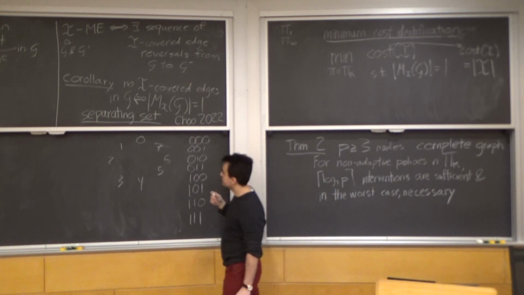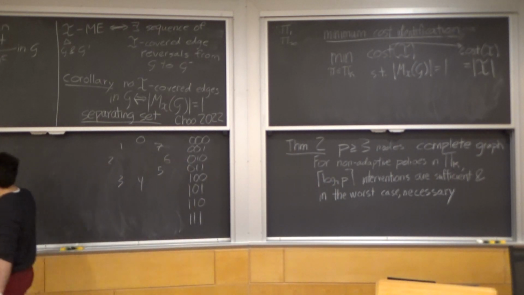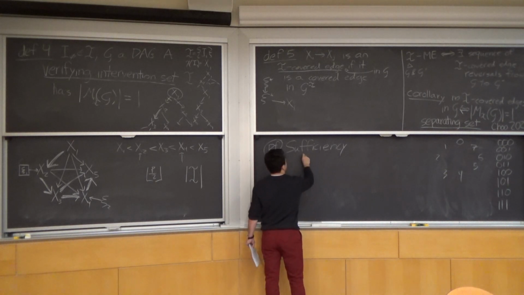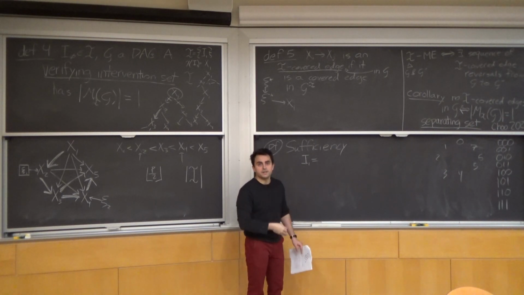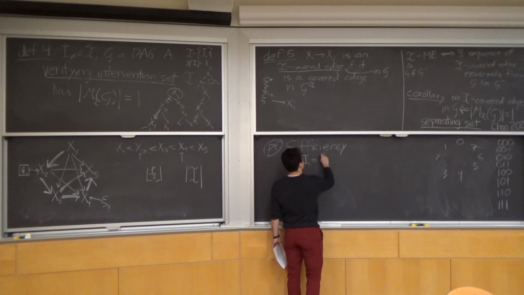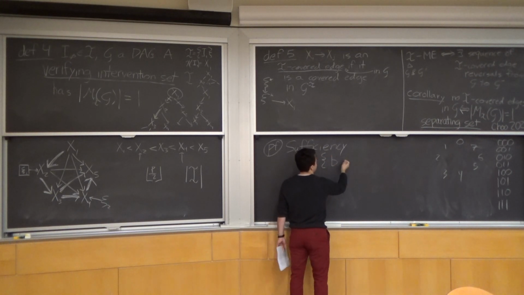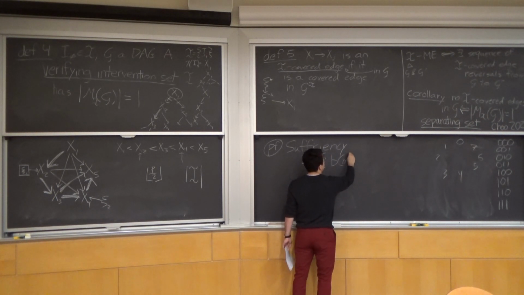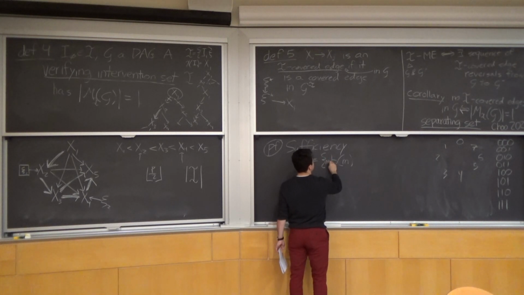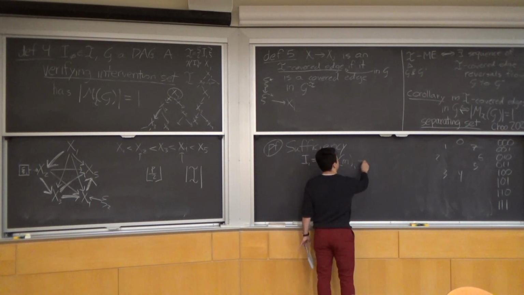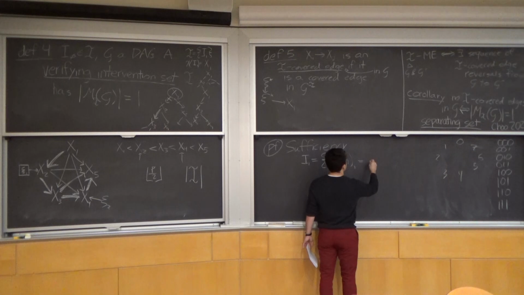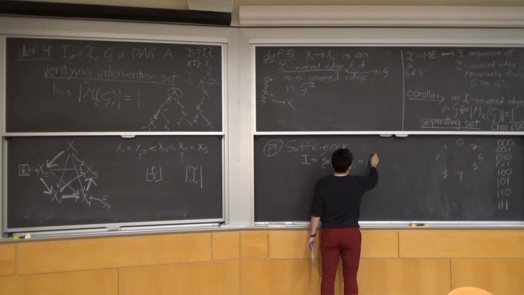So in particular, we're going to let the intervention I1 be the set of nodes M such that the binary representation, which I'm calling B of M in the notes, at the first position, and this is just rightmost, you can do it either way, this is just the way I wrote it out, so B of M sub 1 equals 1.